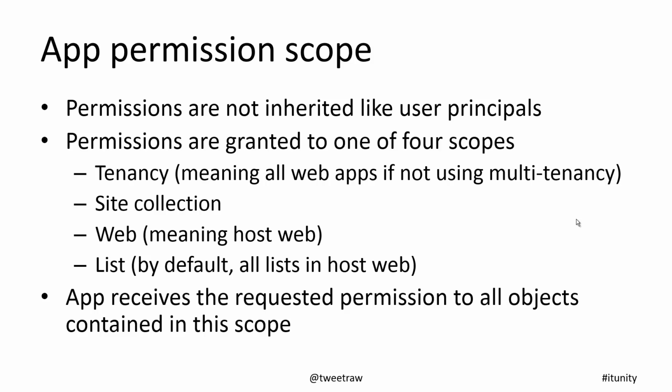Is it full control? Is it read-only? And so with this concept, you can get pretty close to being somewhat granular. It's not super, super granular where I can say, I just want this list and I just want that web and that's it. It's not really quite that flexible. But it's pretty good, and it's better than what we had before in the full trust code model.